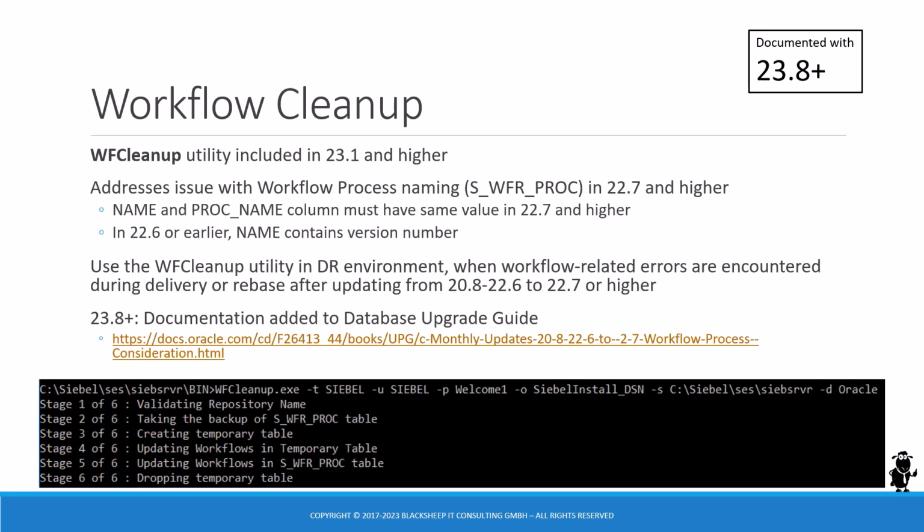Since the upgrade takes care of it, if you upgrade, let's say, from IP15 to the modern upgrade, let's say, to 23.8, it takes care of the workflows, inactivating any unneeded version automatically. So you end up still seeing those versions, but inactive. And then if I imagine running the workflow cleanup, it will keep them inactive. It just cares about the latest version and the naming.